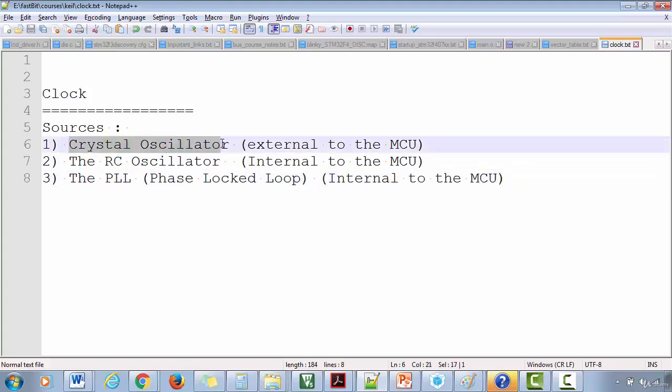The crystal oscillator is always connected external to the microcontroller. The RC oscillator is implemented inside the microcontroller, and the PLL is also a clock generating engine which is internal to the MCU, and you can use one among these in order to drive the clock for the microcontroller. And in the next lecture we will learn more about the clocking system of the microcontroller.